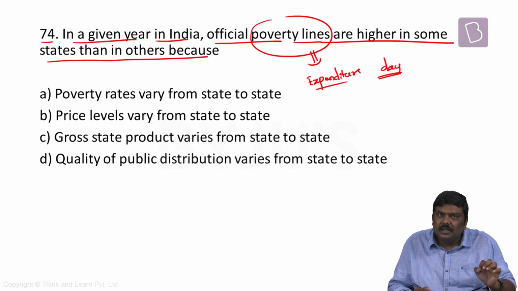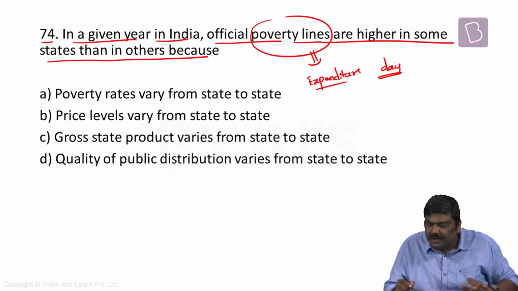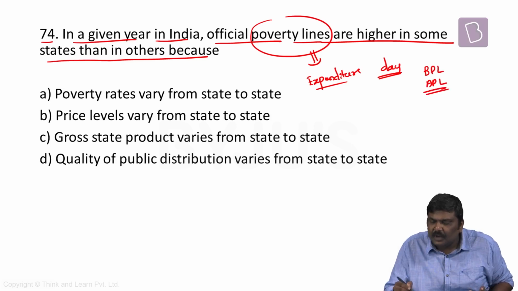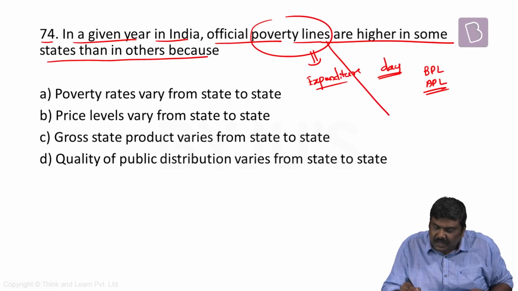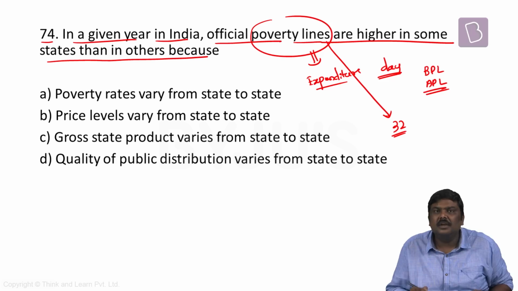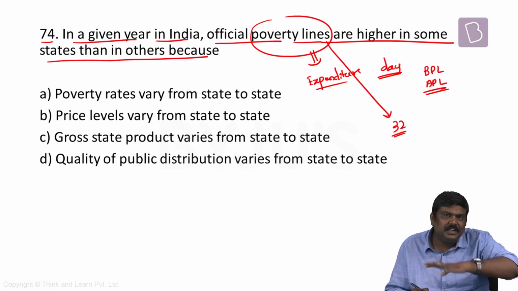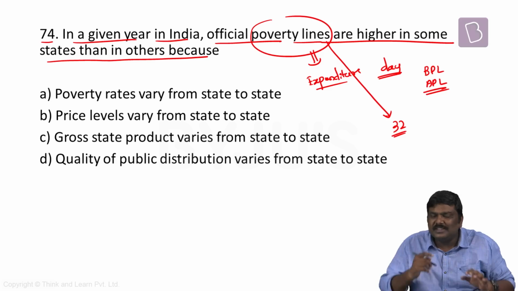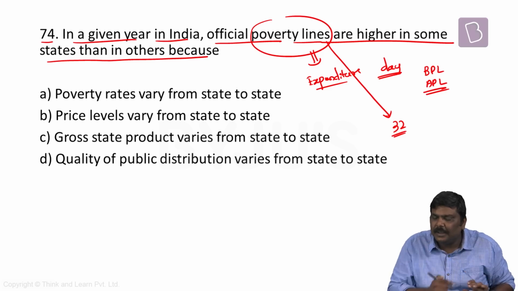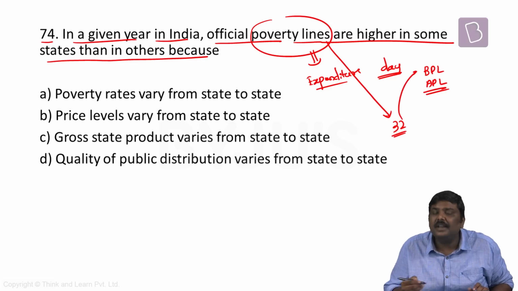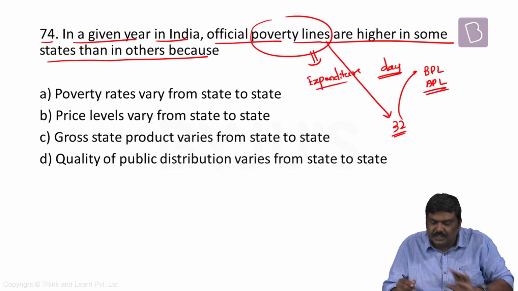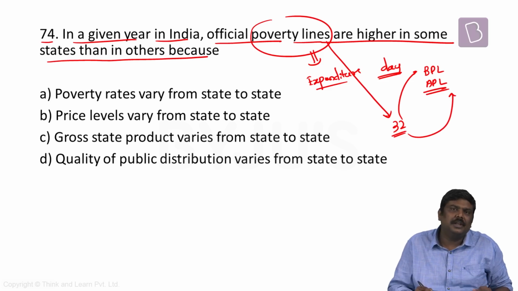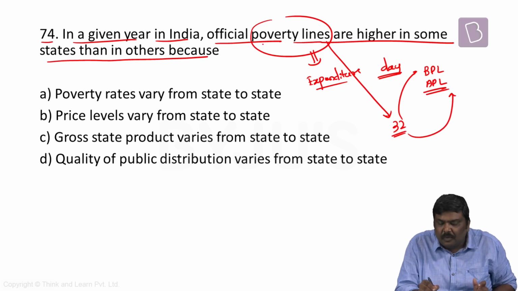So that the population can be differentiated into below poverty line and above poverty line. Let me give an example. If the poverty line is 32 rupees, anybody who spends less than 32 rupees a day or is unable to spend 32 rupees a day will be classified as below poverty line. Anybody who spends above this will be classified as above poverty line. This is the concept of a poverty line.